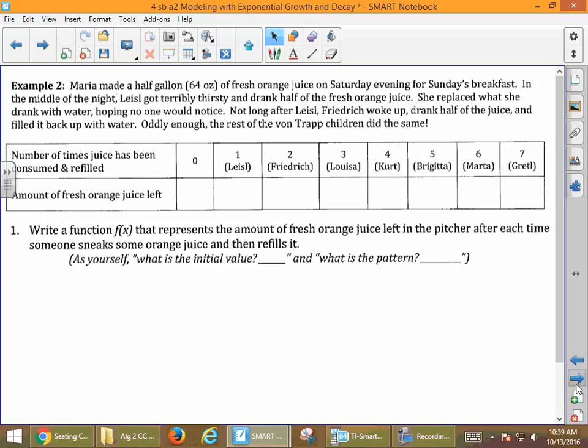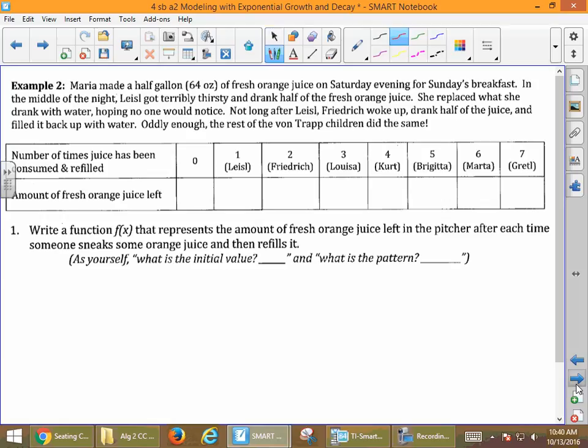He was super thirsty. He drank half the jug of the orange juice. And he's like, oh, I drank so much, I better fix that so no one knows. And he filled it up with water again. And then it kept happening. Louisa did that. And then Kurt did that. And Brigitte did that. And Marta did that. And Gretel did that. Let's make our table here.